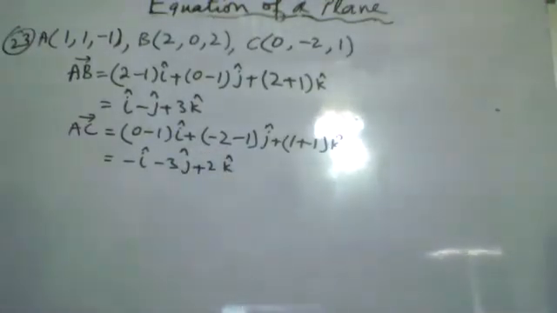These are the two vectors AB and AC on the plane.